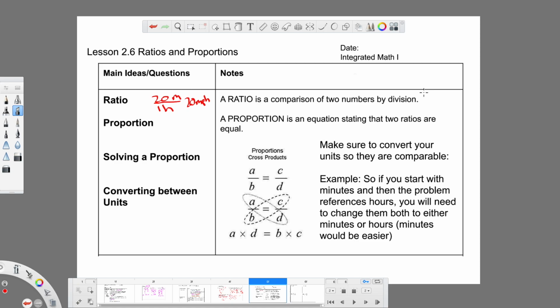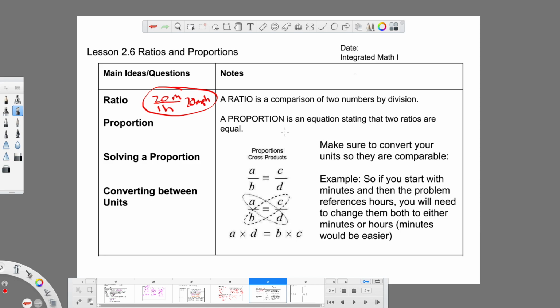So if I say I have a pizza that had 8 pieces, that's my denominator, and now I only have 1 left, I have 1/8 of the pizza. We compare numbers all the time, but a very common one that everybody definitely uses is something like this, miles per hour or miles per gallon, especially once we start driving. We hear these things all the time.